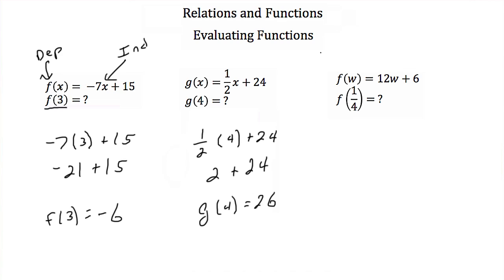The last problem, we're simply going to plug in 1/4 for w. So 12 times 1/4 plus 6. Well, 12 times 1/4 is 3 plus 6. So our function of 1/4 is equal to 9. And that completes the relation and functions tutorial.